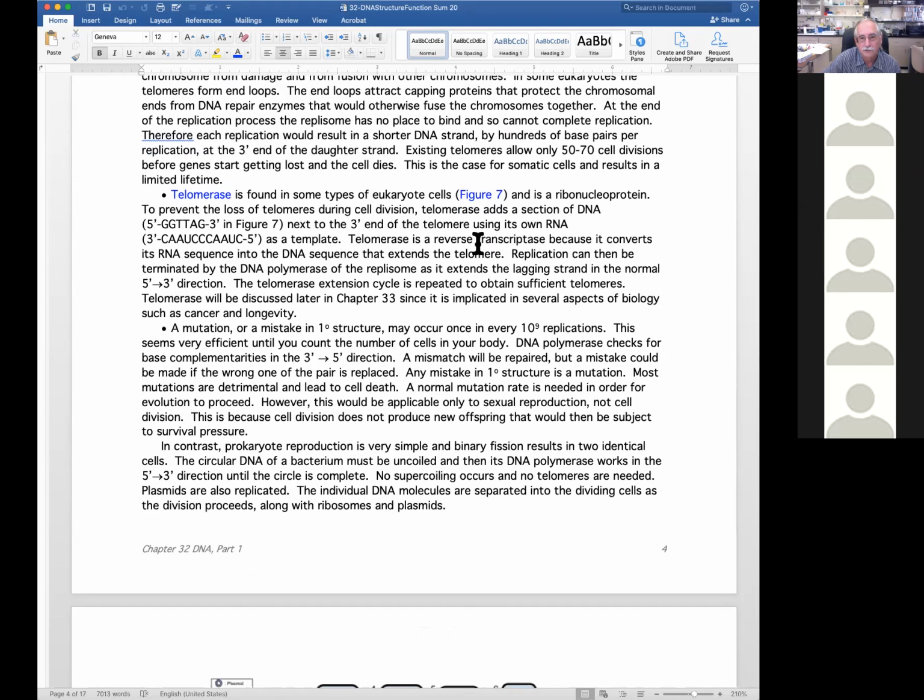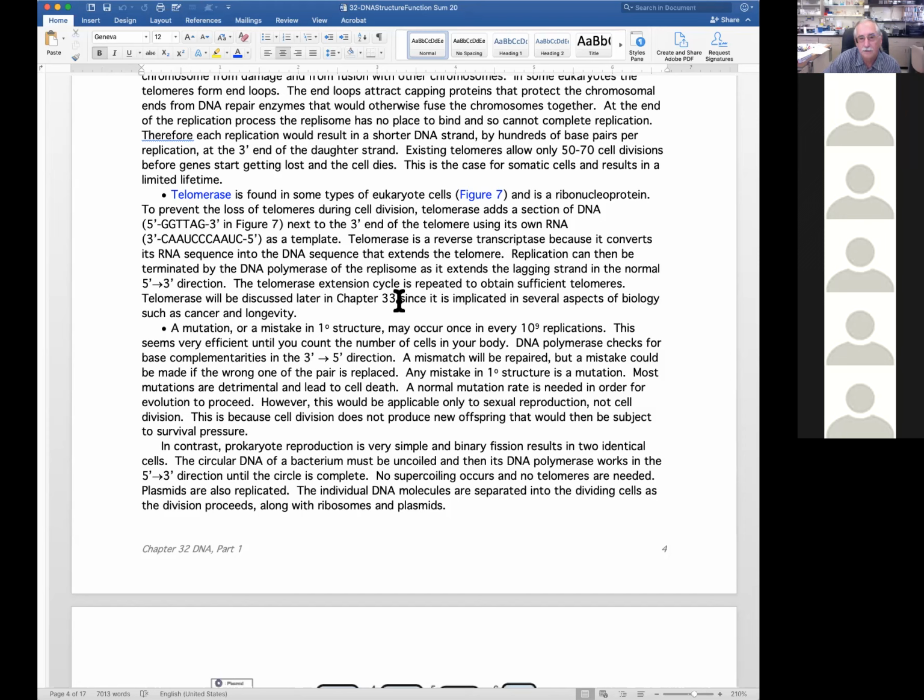It's a reverse transcriptase. So it converts this RNA sequence into a DNA sequence that it then extends the telomere. And then DNA polymerase can go to the end of it. So the telomerase extension is repeated to get sufficient telomeres.